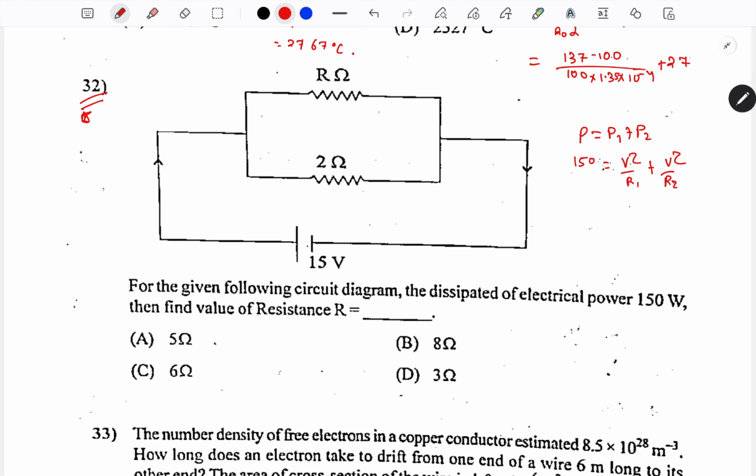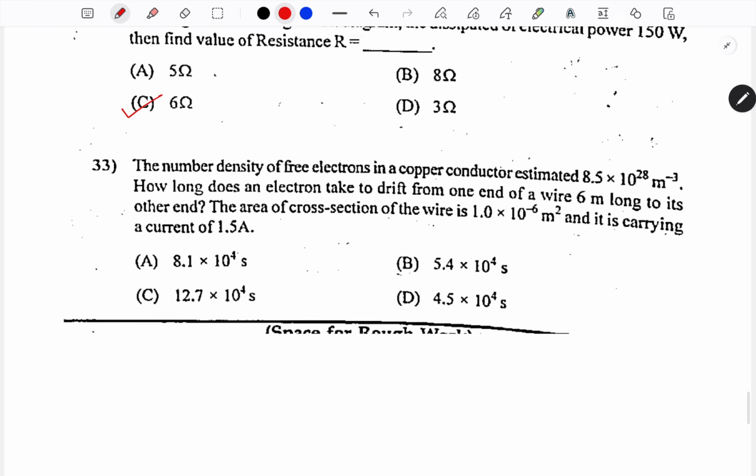So for example, V is 15, so the answer will be 150 divided by 225 is equal to 1 upon R plus 1 divided by 2. So therefore R is equal to 6 ohm. 6 ohm. C answer. Next question.